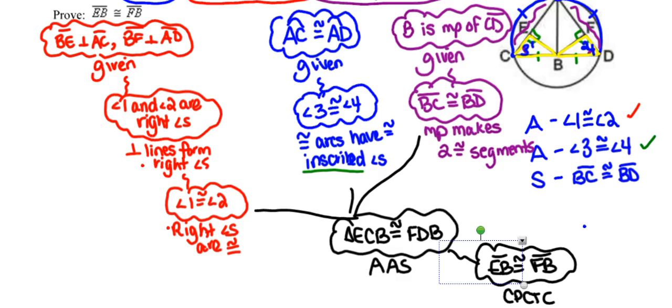I know I've gone long on this video, but I do want to mention one thing very quickly because I hope it's a connection that you'll see between some work that we're doing now in the circles unit and some work that we did back in the winter time. Notice that these blue arcs are congruent to one another, and as a result, the red chords are congruent to one another.